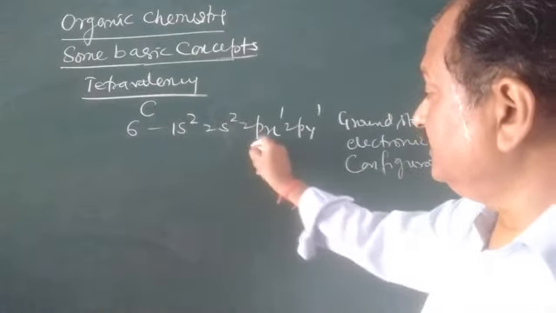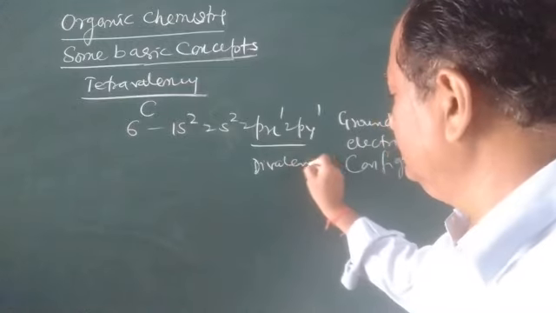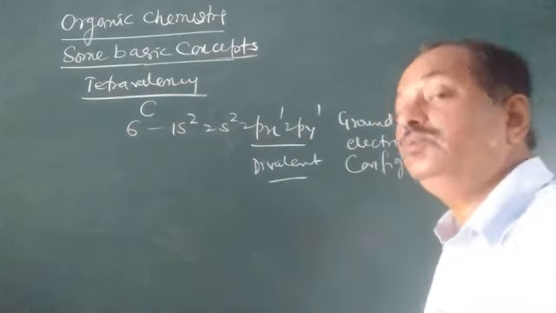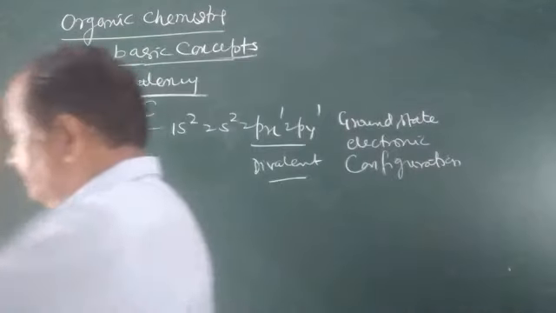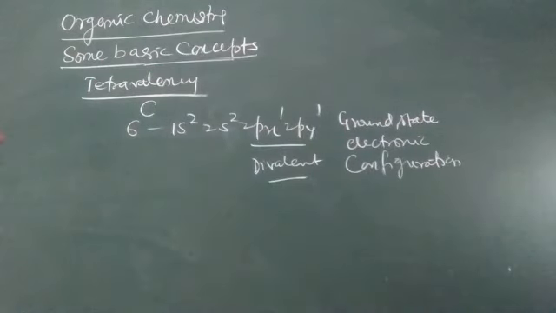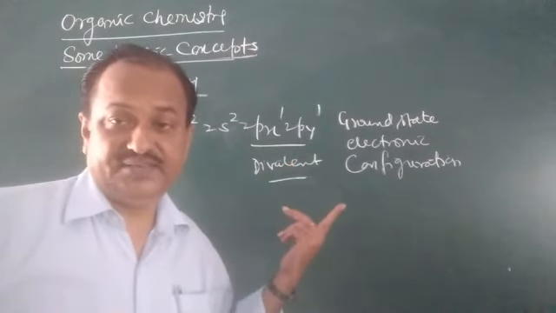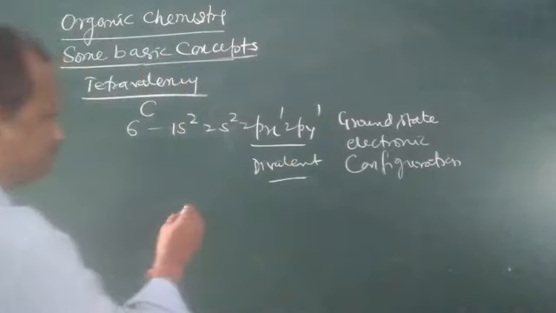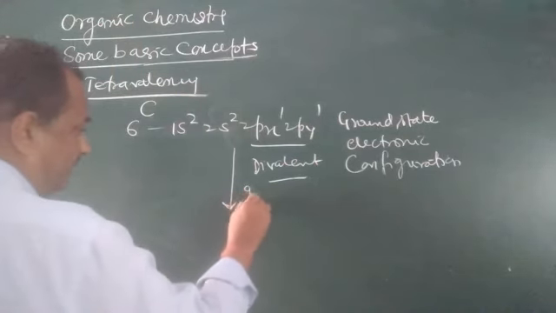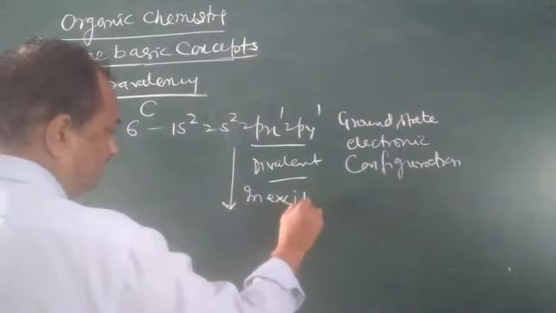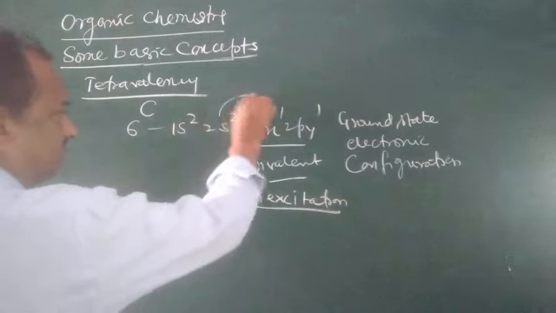Now here it appears to be divalent, because only two half-filled orbitals are available. You have seen in chemical bonding that the participating orbitals must be half-filled, but here there are only two, so it appears to be divalent. But actually it undergoes excitation. During excitation or reaction, one electron from 2s goes to the other orbital.